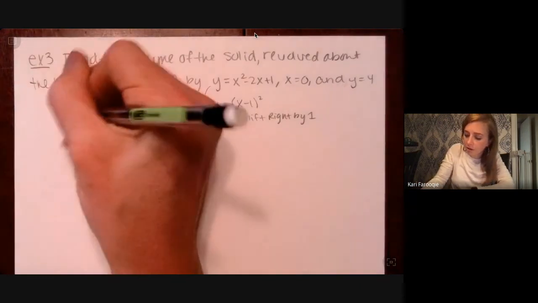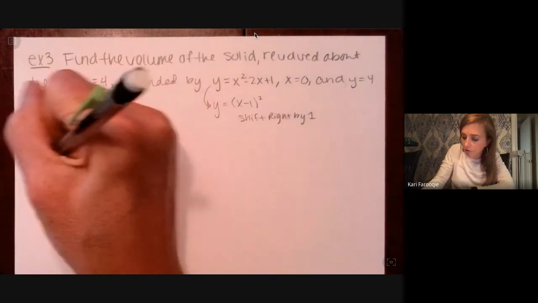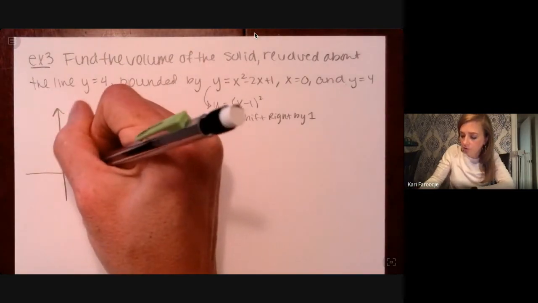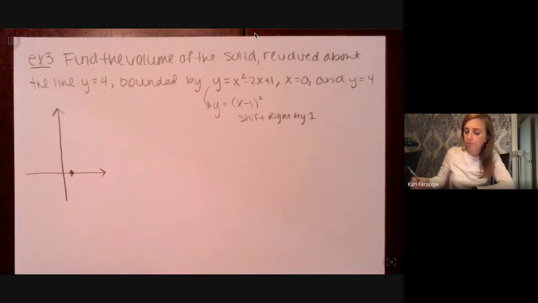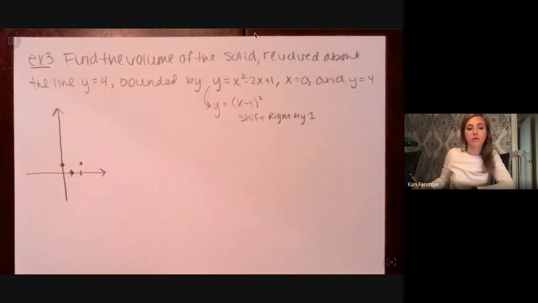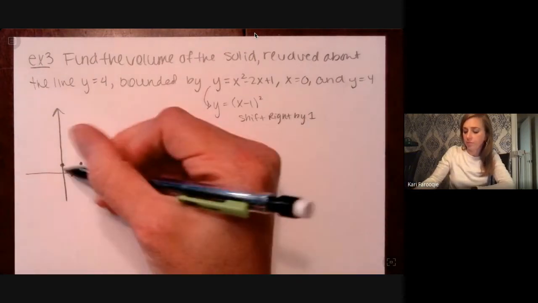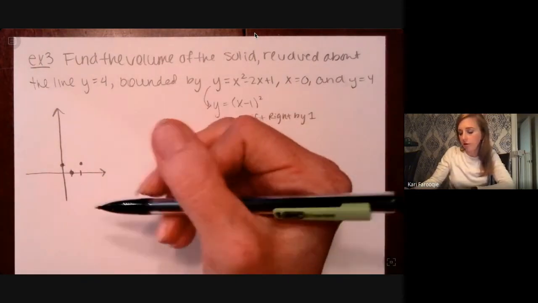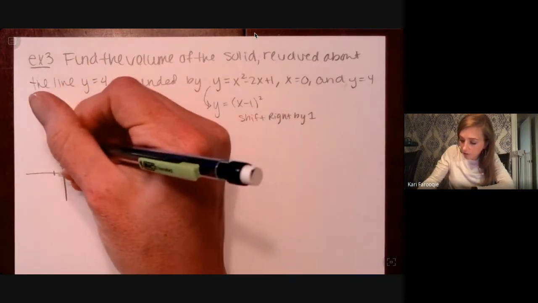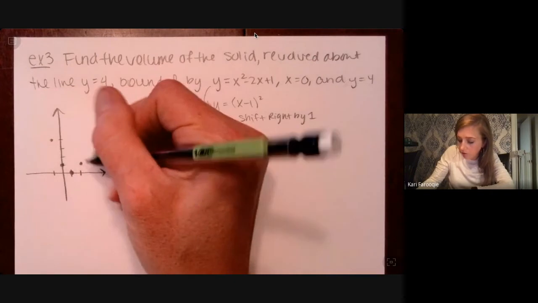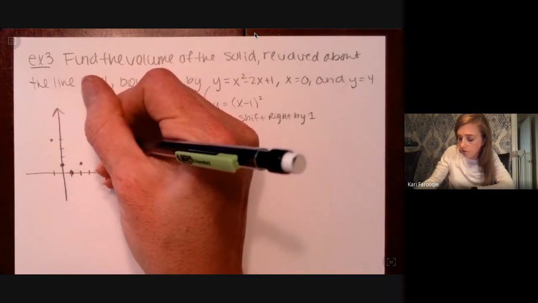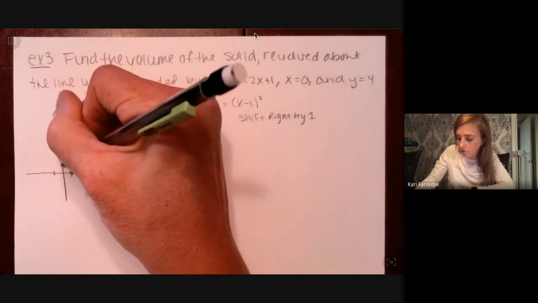So I'm going to start to graph this. Standard parabola shifted right 1 unit means the vertex is going to be sitting here at 1, 0. And I've got these points, one up and left and up and right in each direction. Then I've got a point at -1, 4. And I've got a point at 3, 4. And again, you could use a table of values to graph this if you prefer.